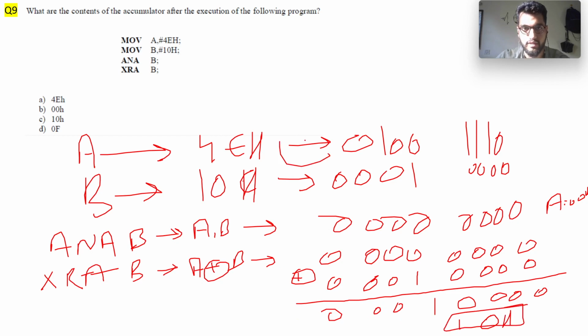So after this, the contents of the accumulator are 10 hex. That is option C.